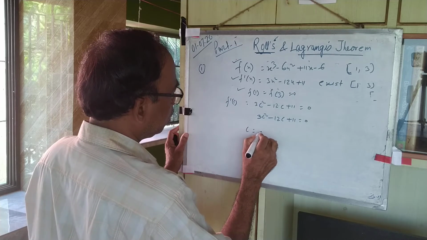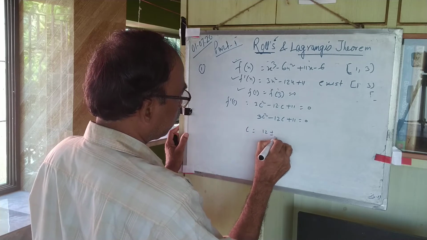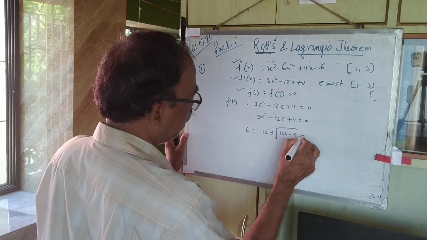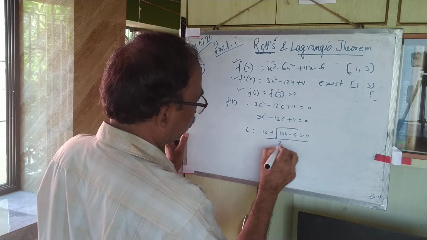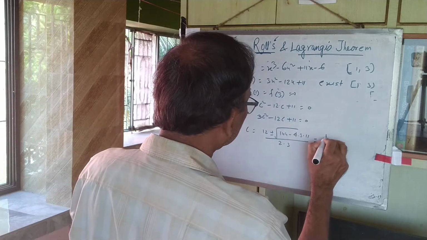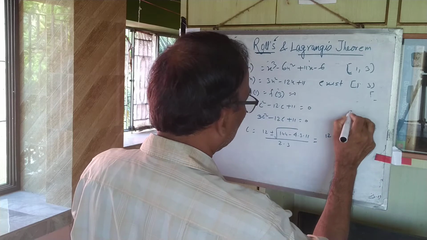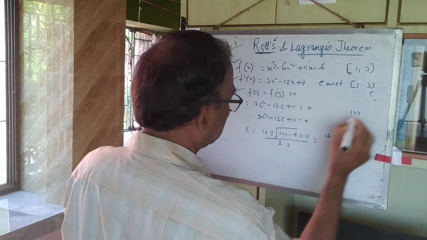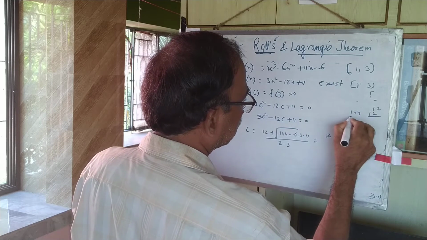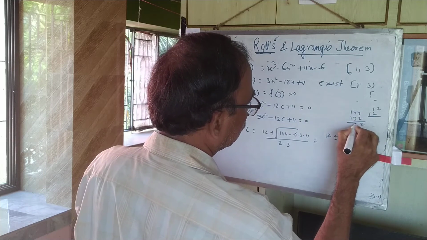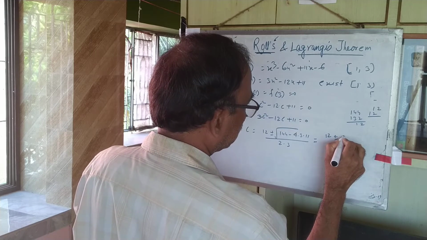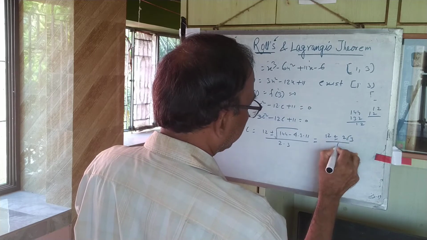c equals minus b plus minus root of b square minus 4ac over 2a, that is 12 plus minus root of 144 minus 4 into 3 into 11, by 2 into 3. That is 12 plus minus root 132 by 6. Root 132 is 2 root 33.